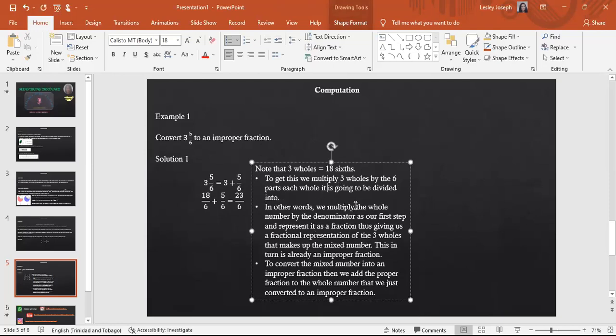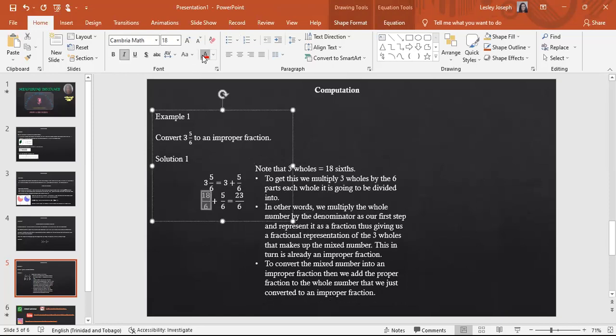In other words, we multiply the whole number 3 by the denominator 6 as our first step and represent it as a fraction, thus giving us a fractional representation, in this case 18 divided by 6. So that gives us a fractional representation of 3 wholes divided into 6 parts. So this is how we got our 18/6.